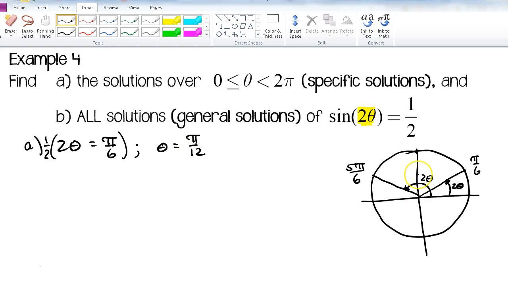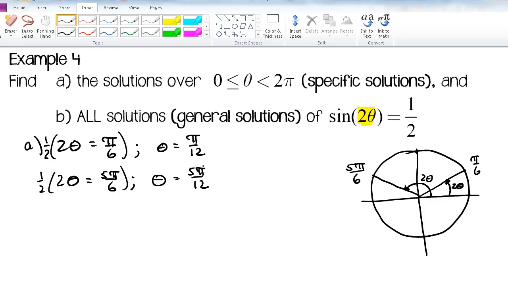And then we'll do the same thing for 5 pi over 6. I know that 2 theta is equal to 5 pi over 6. So multiplying through by a half again, we get theta is equal to 5 pi over 12. So these would be our specific solutions.